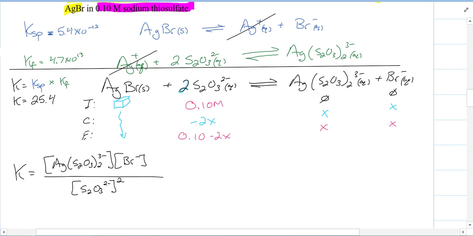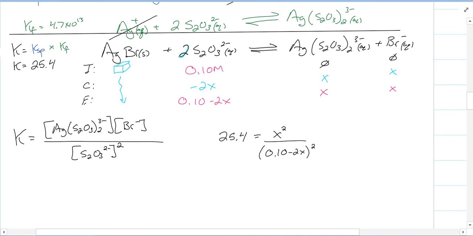Nice. Let's substitute our numbers in. 25.4 equals x times x up top would be x squared all over 0.10 minus 2x, and that's squared. Oh dear. I got the bottom squared.